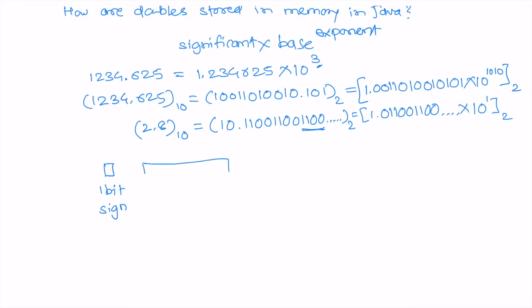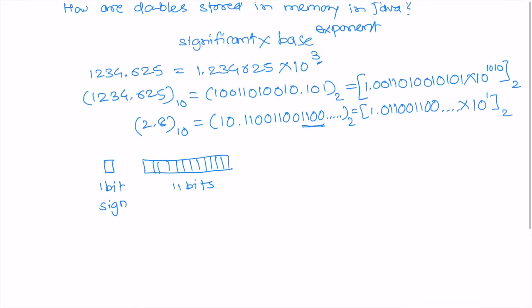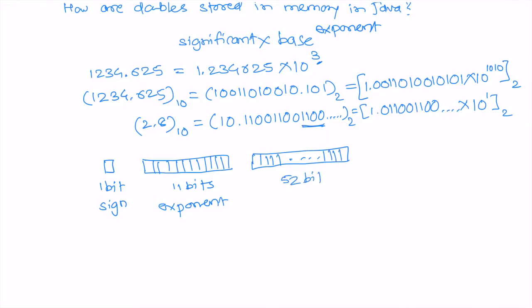Then the next 11 bits are used to store the exponent, and the remaining 52 bits are used to store the significand.